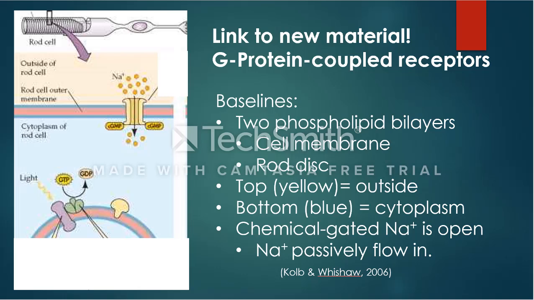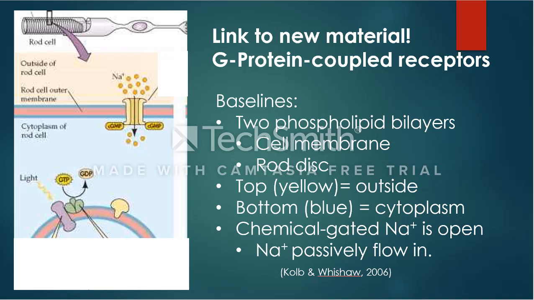If you look back at the plasma membrane, we have a sodium ion channel. More specifically, this is a chemical gated sodium ion channel, so it requires a chemical to be bound to it in order for it to be open. Here we can see that the sodium ion channel has the chemicals bonded to it right now.